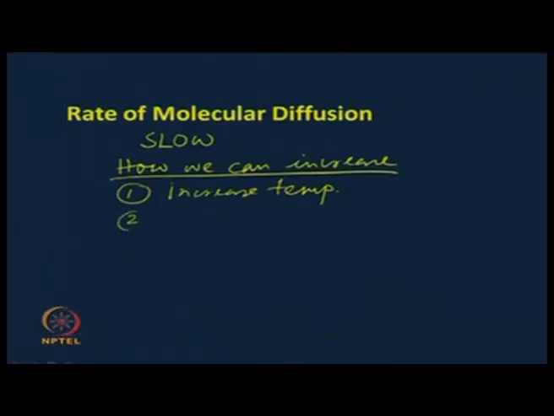And second, decrease the pressure. If we decrease the pressure of the system, the number of collisions will reduce. If the number of collisions reduces, the net distance traveled or mean free path of the molecule will be higher and the rate of molecular diffusion will be more.